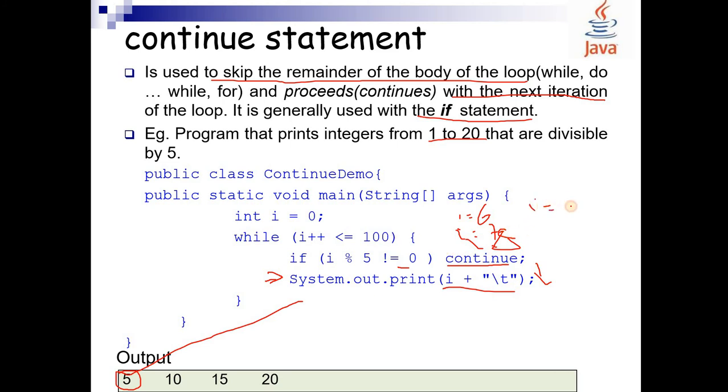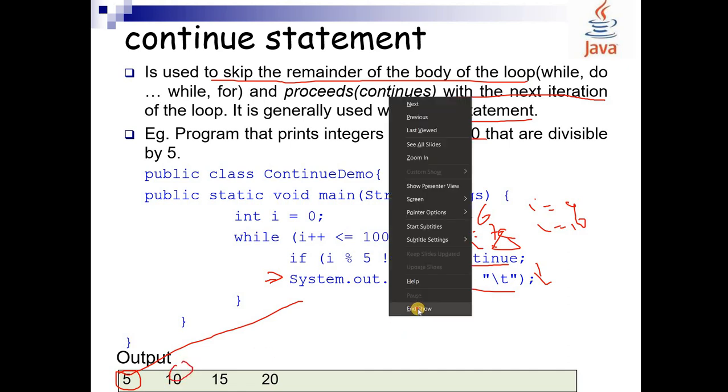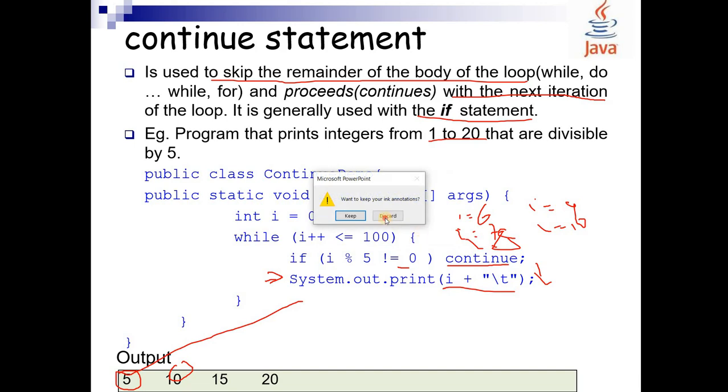When i equal to 9, again the condition becomes true. Don't execute this statement, but go to the next iteration. When i equal to 10, the condition becomes false. When the condition becomes false, the keyword continue will not be executed. It will go to this statement, then print 10, which is what you see here, and it continues like this until it reaches 100.